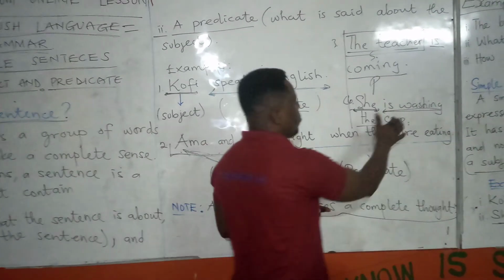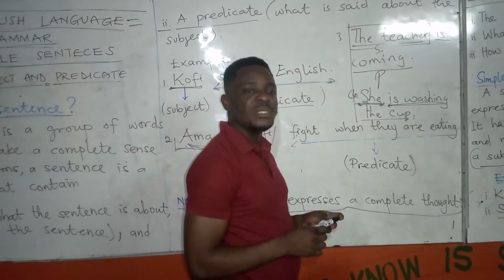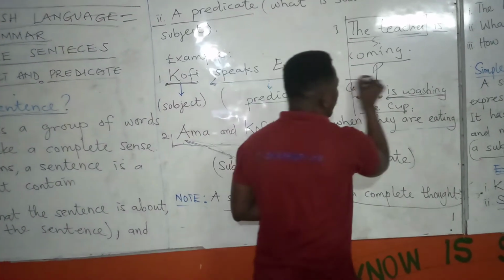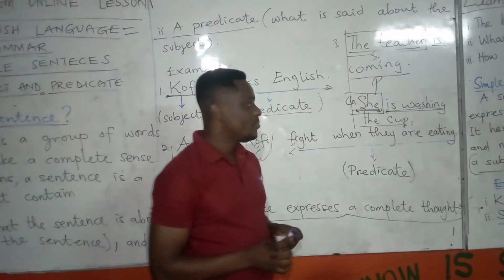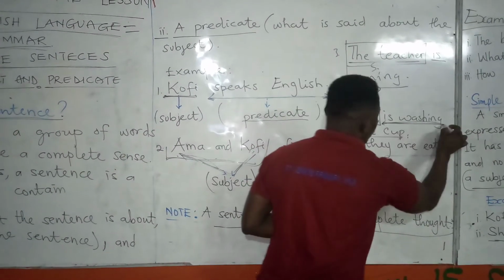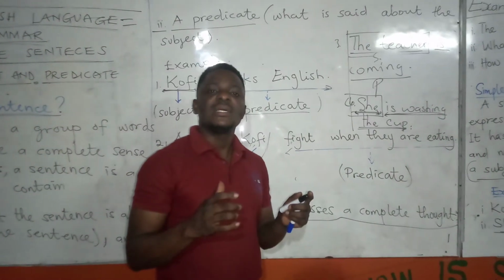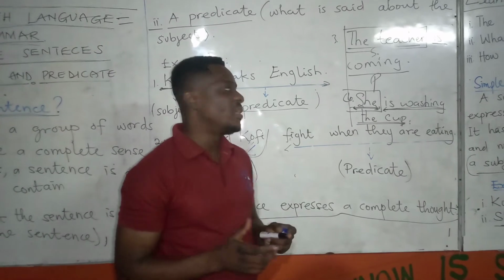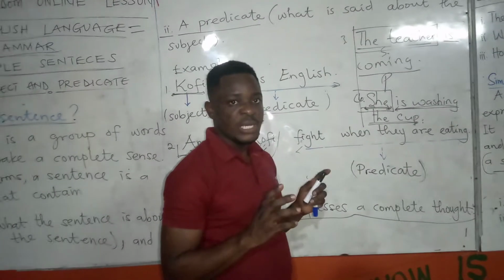The washing of the car is the action that is being performed. So, let's take away the subject, she. What is left is washing the car. Is washing the car becomes the predicate of the sentence. She is washing the car.